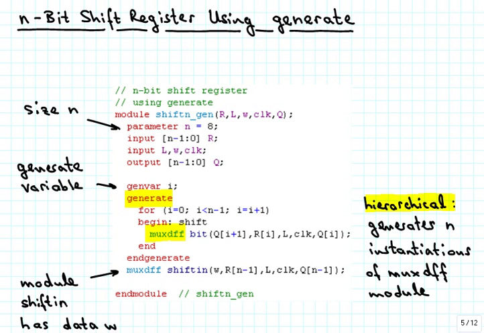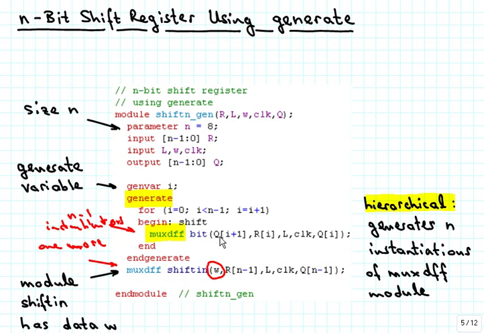We do n minus 1 times here, n minus 1 instantiations. And then there is an additional one. Okay, so here is one more. And this one is different from the others because it has the W, the input into the shift register in it, whereas all the others are being fed from the previous stage in the shift register.